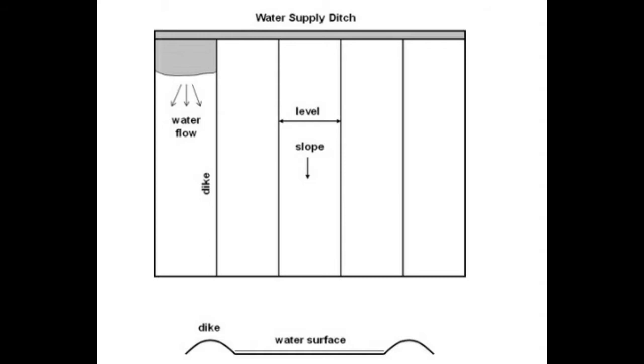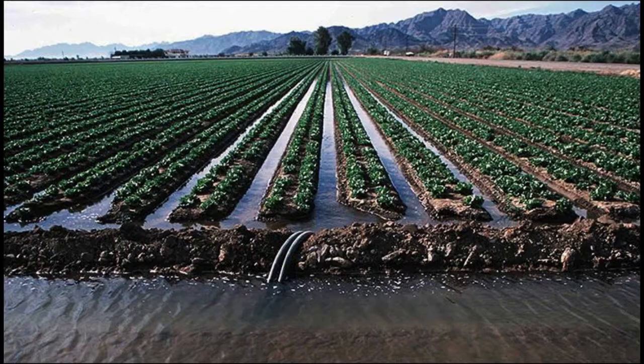The basins are filled to the desired depth and the water is retained until it infiltrates into the soil, particularly in irrigating rice. The basin irrigation method is similar to the free flooding method except the water is controlled by surrounding the basin area with low and flat levels.